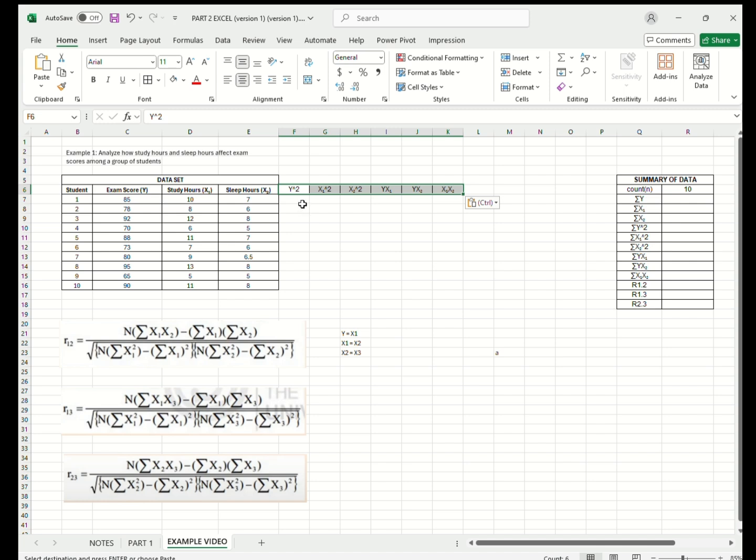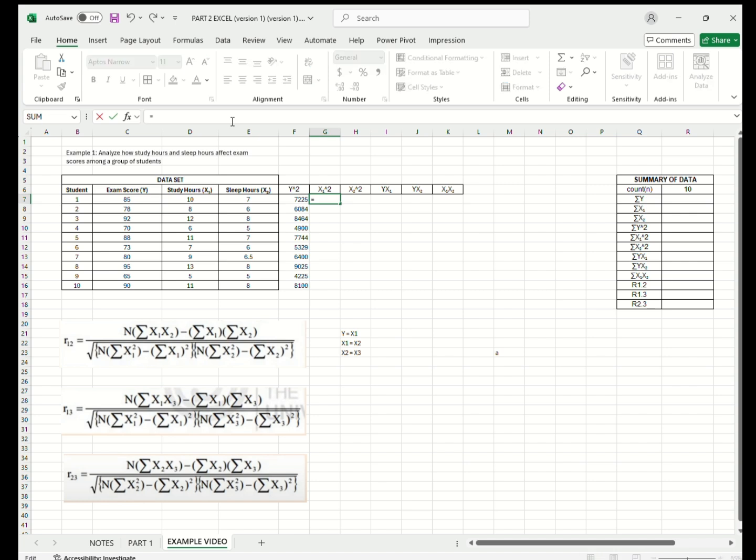And here, the tabulated data. First, we need to get the squared of the dependent variable, which is the exam scores squared. Then drop down. And now we need to get the squared of the study hours independent variable. Now we need to get the squared of the independent variable sleep hours.